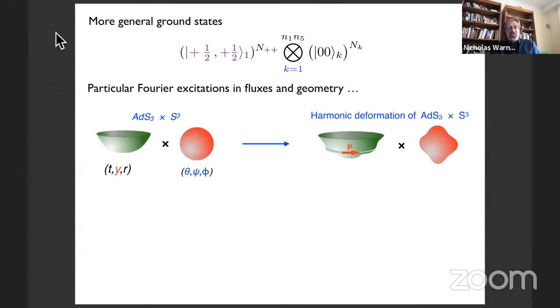These more general ground states go way back to, I think, Lunin-Mathur, but also the holography of this goes to Skenderis and Taylor and various other works. I'll try and give more complete references by the end. But this set of ground states was still in the 8 supersymmetries regime. We're just putting more Fourier excitations of fluxes into the geometry, and it changes the shapes.